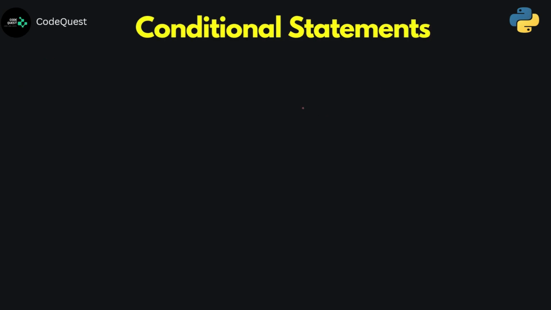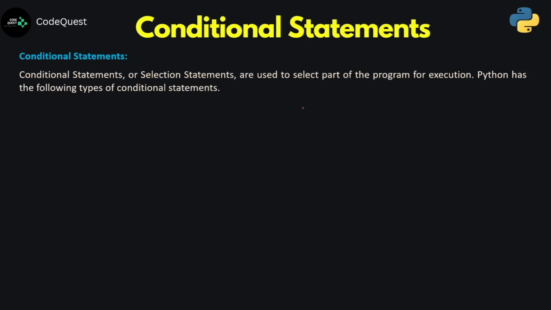Going ahead with the conditional statements, like we have already mentioned, there are four categories, and conditional statements are also known as selection statements. The reason is, among the list of instructions available, we select some of them and automatically do not select the other statements for execution.